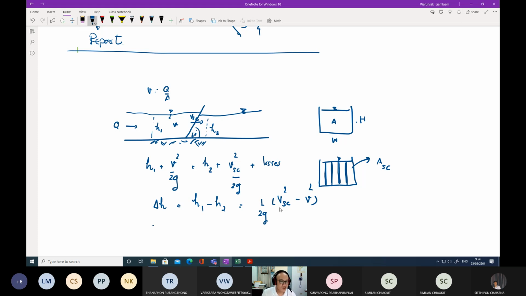Normally, we use this coefficient to represent the amount of loss generated due to the screens. So the discharge coefficient is put here. Typically, the discharge coefficient for the screen is 0.84.